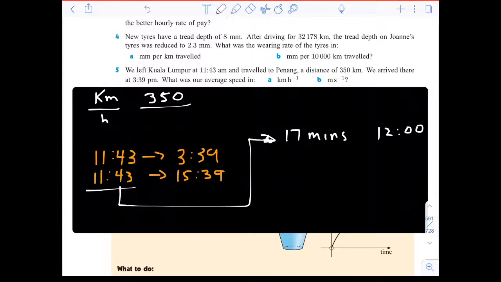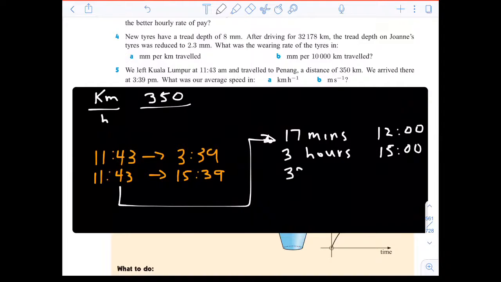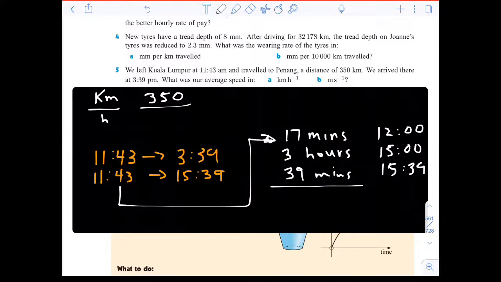If I add 17 minutes at 12 o'clock, and then if I add 3 hours, that will take me to 15 or 3 o'clock. And then I have to add 39 minutes. That will take me to 15:39. So if I add up all this time, we end up with 3 hours and 56 minutes.